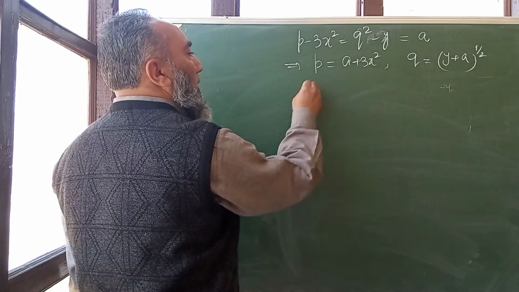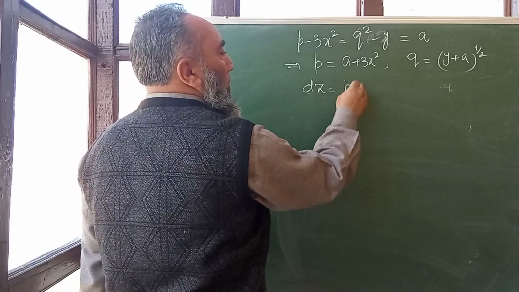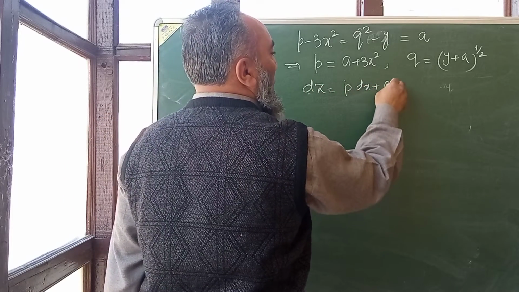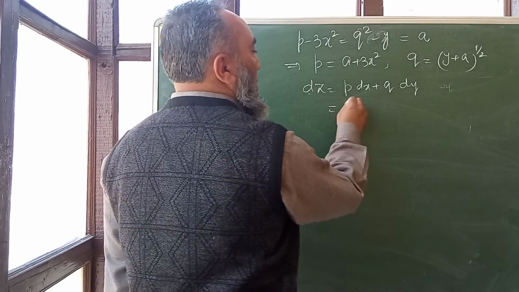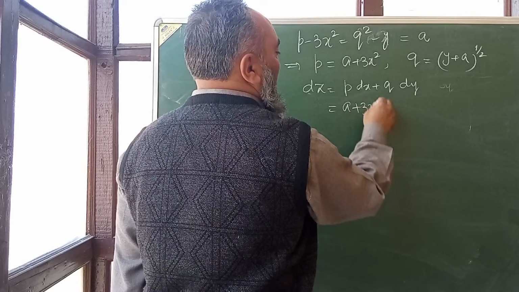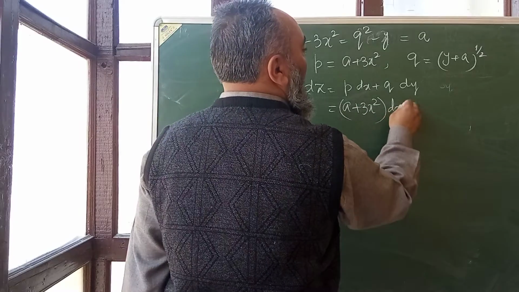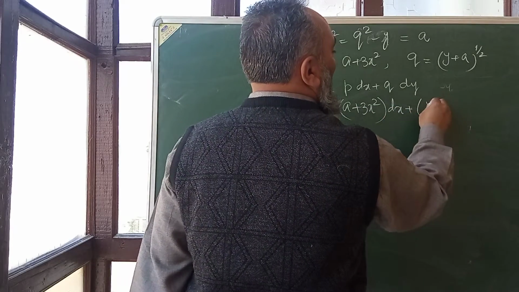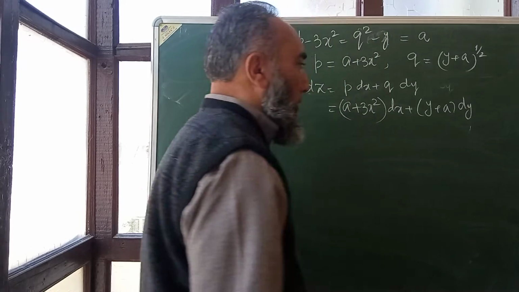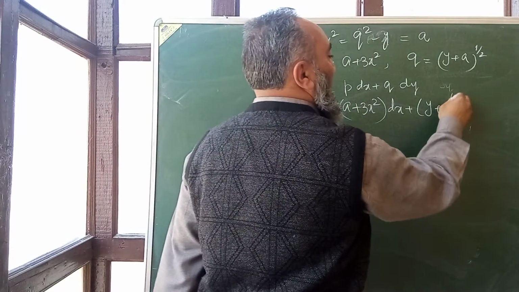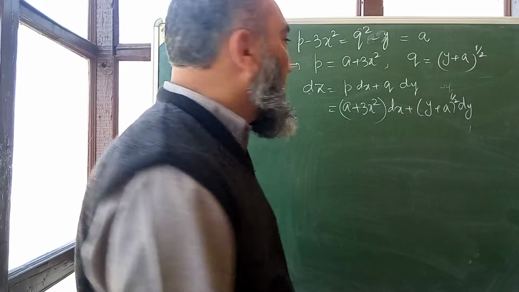Now I know dz is equal to p dx plus q dy. This is equal to a plus 3x square dx plus y plus a raised to power half dy. Let me integrate it.